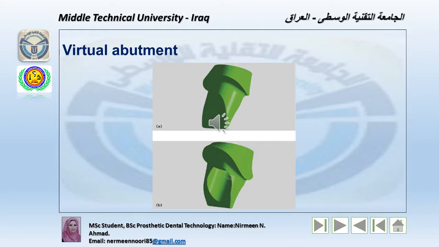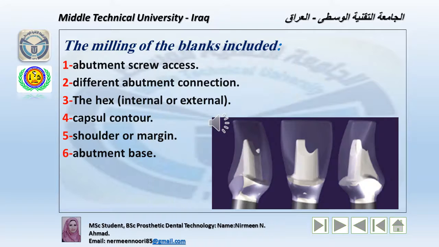In the next step, the virtual abutment design template of the incisors, canines, premolars, and molars could then be modified using numerous measurement and design tools to create a virtual patient-specific abutment.